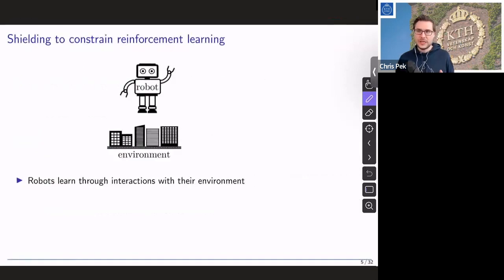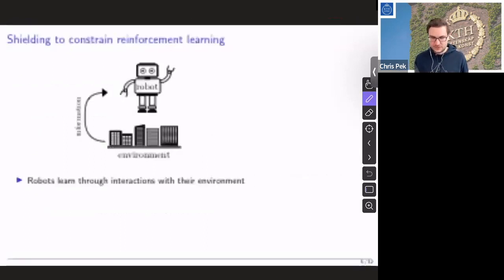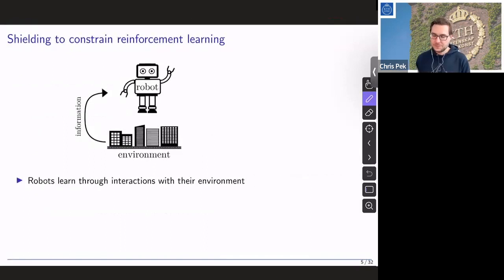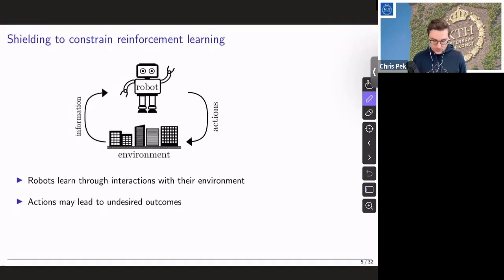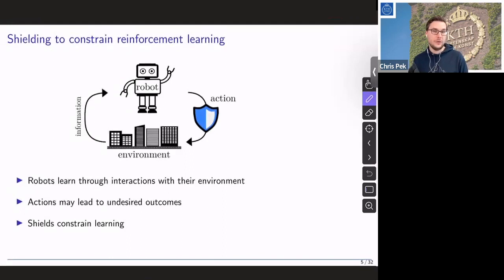As a small recap again, what shielding is, if you remember, the robot is interacting with its environment by getting information, and the robot is applying actions to the environment. We learned that these actions, especially during the exploration phase, might not be desired or lead to undesired outcomes because the robot is just exploring. So we saw that we can use shielding as a technique to constrain the learning.